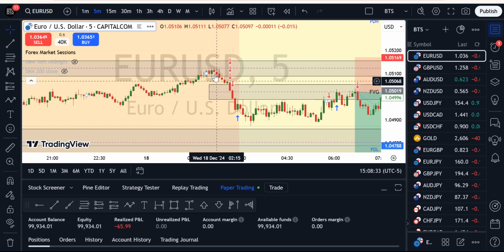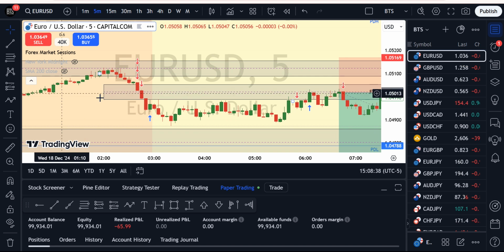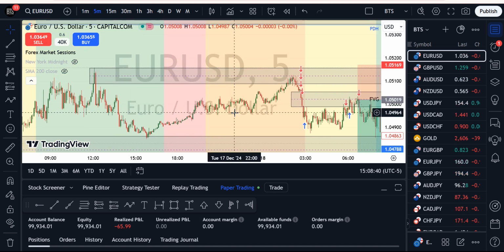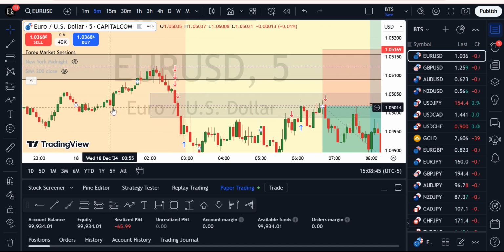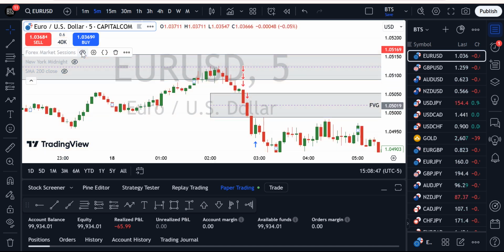So we would have entered earlier, which would have been somewhere around here. Let me take this paint off. Somewhere around here would have been our entry.